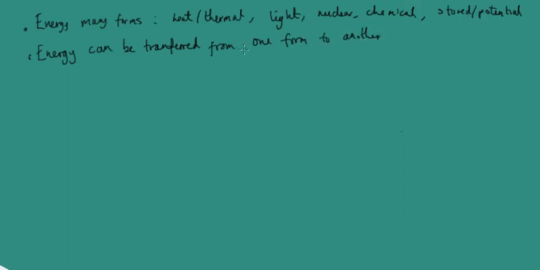For example, the electrical energy in a circuit can be transferred into light and heat in a light bulb, for example. We're going to be looking at how energy can be transferred to create motion.